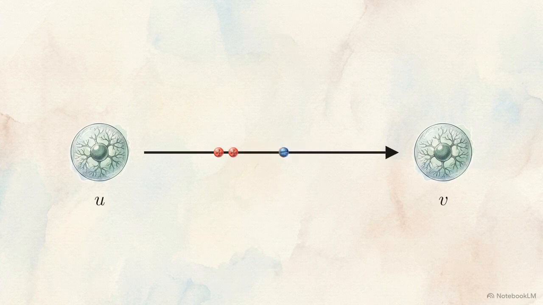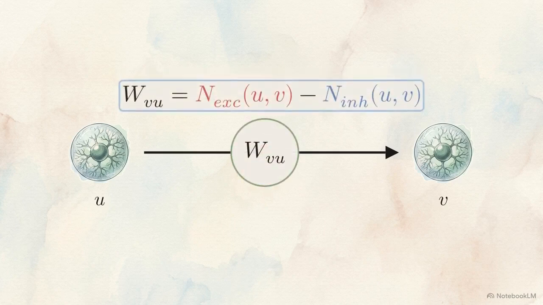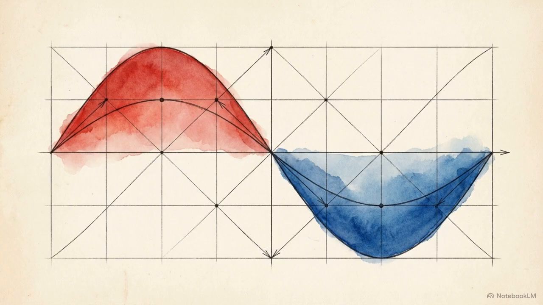To resolve this, they apply a signed weight equation. The final mathematical weight is the net polarized synaptic count, total excitatory synapses minus total inhibitory. This weighting scheme ensures the message-passing operation strictly respects the sign-preserving or sign-reversing nature of actual biological signal propagation.